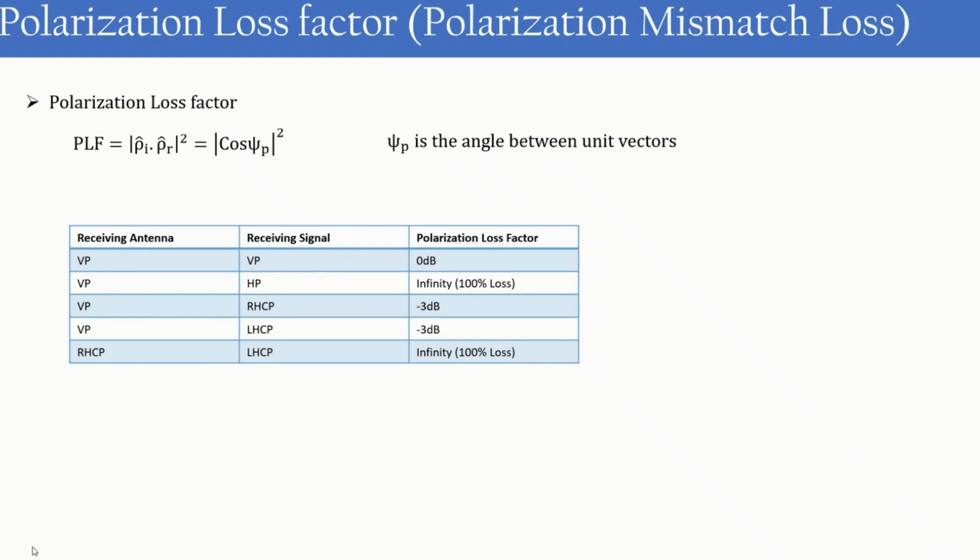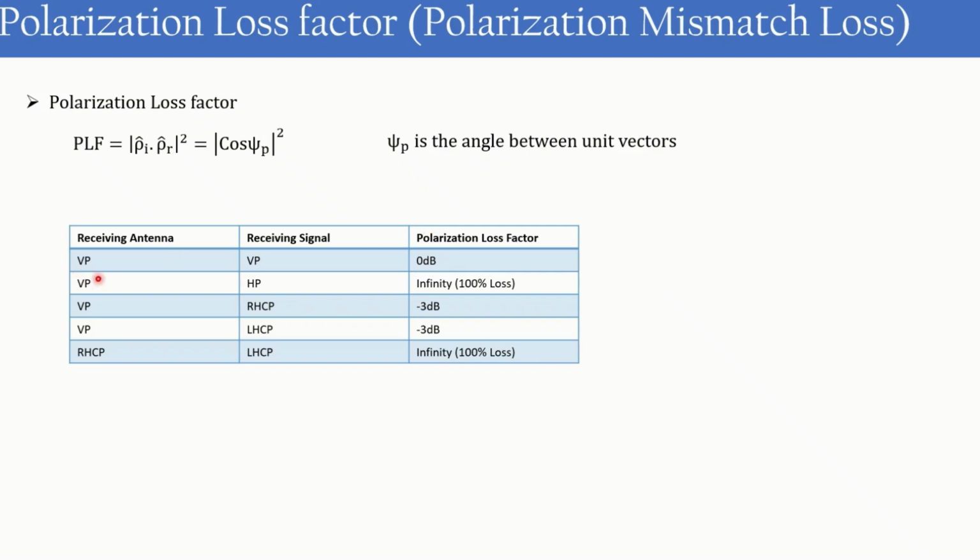This table gives a quick overview of what the received signal will be if there is any mismatch between the polarization of the antenna and the incident signal. This means that if both the received signal and the receiving antenna have the same polarization, the loss factor is 0 dB. That means both are aligned, there won't be any loss.